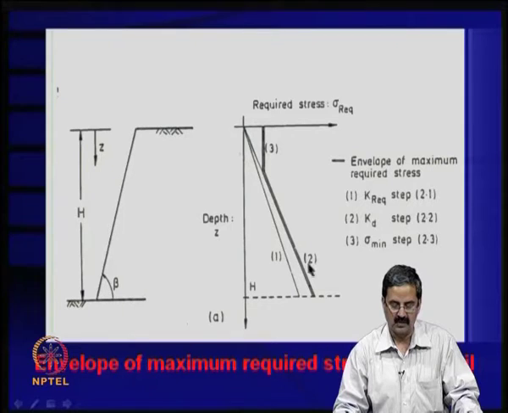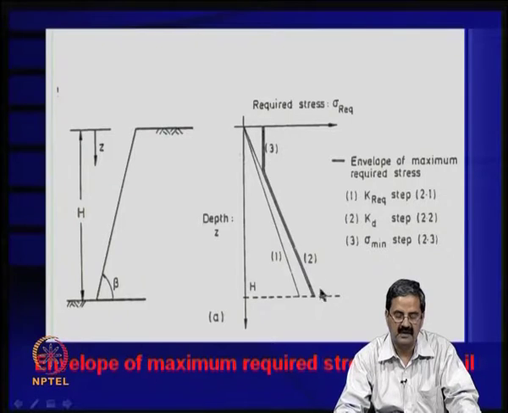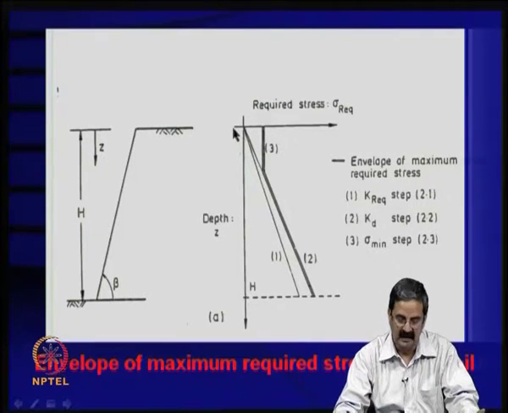This is what is called the required stress in the reinforcement. This is the minimum value, because of compaction and other things that we have, and after that it is like this. You may have a general impression that if there is no pressure here, there is no need for reinforcement. That is not correct. Why? Because there is a pressure because of the earthquake and the earth compaction.